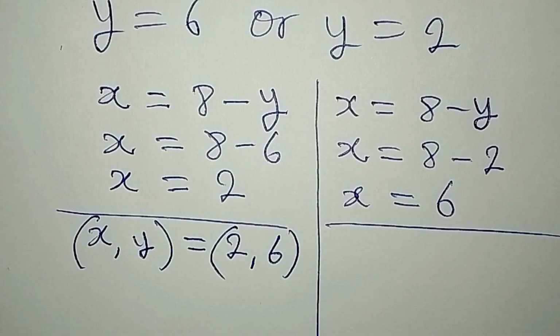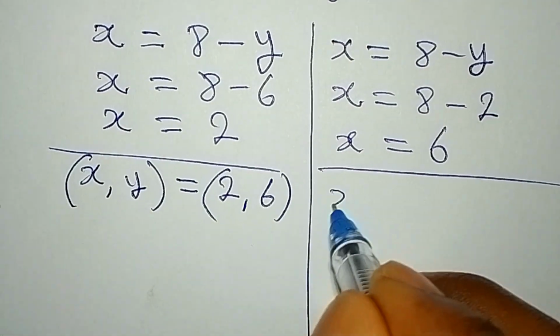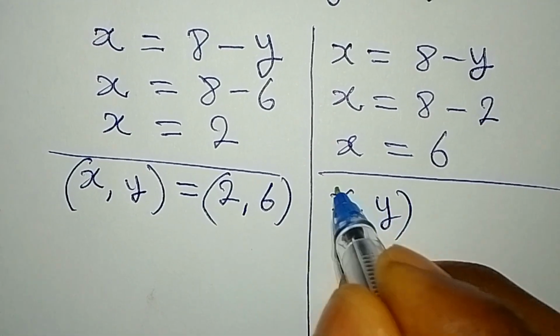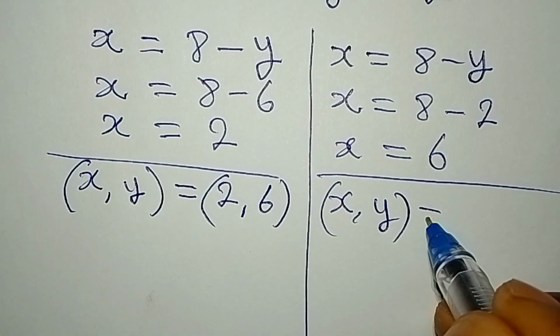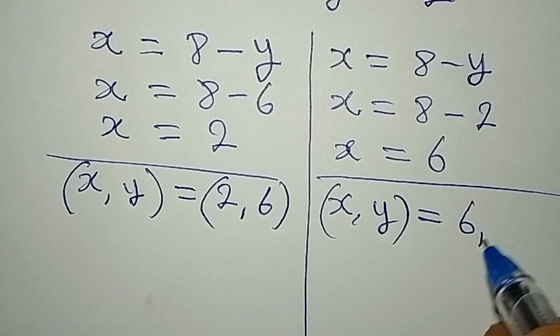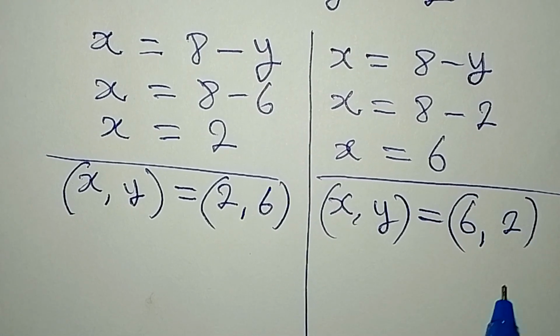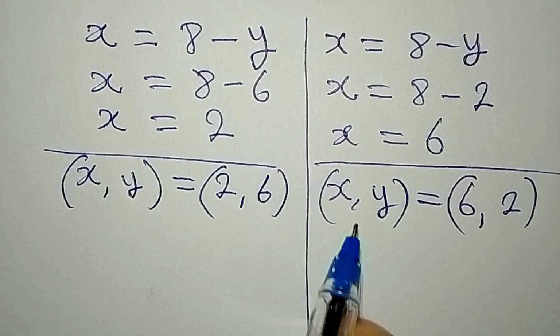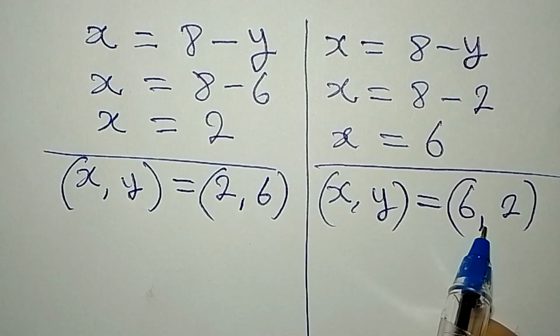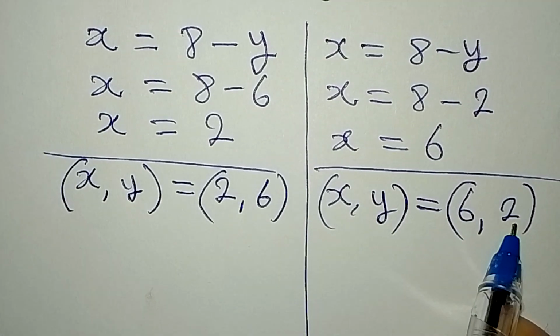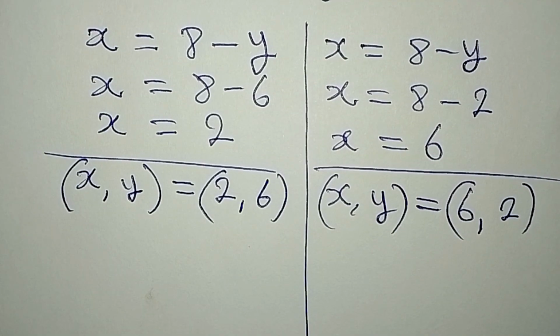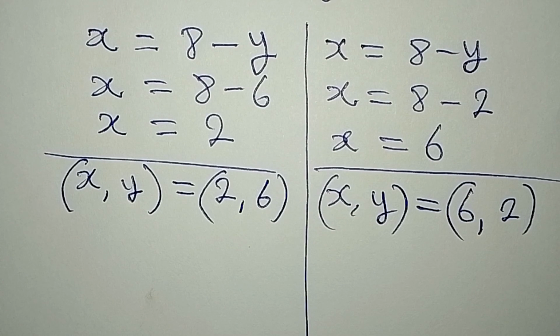So what are we saying? We can also have x comma y equal to 6 comma 2, meaning that for this point, when x is equal to 6, y is equal to 2. So this is what it is.